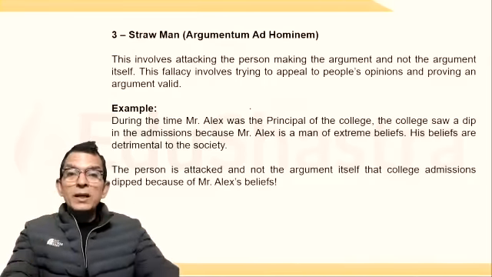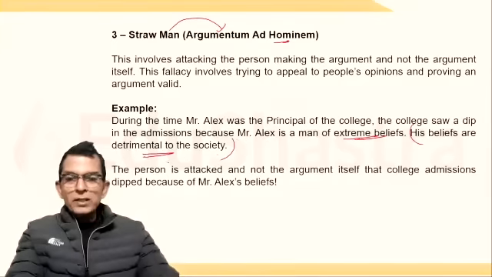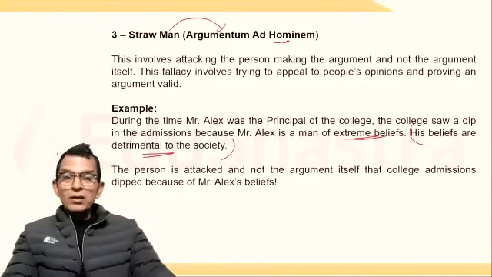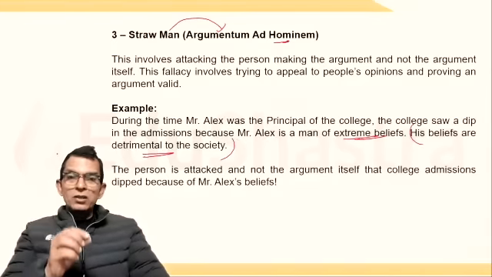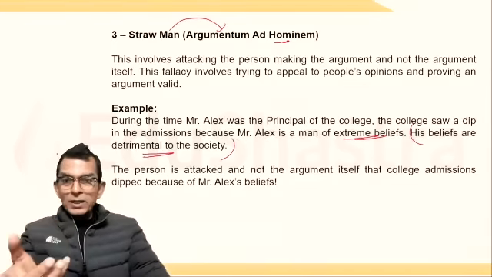Now, during the time Mr. Alex was the principal of the college, it saw a dip in admissions, because Mr. Alex is a man of extreme beliefs. His beliefs are detrimental to society. Now, this conclusion you're drawing is based on the person, not on the marketing strategy or what is inherently wrong with the college itself.